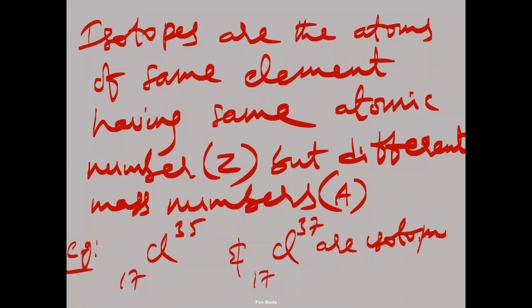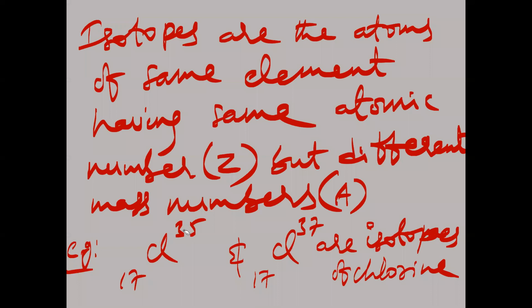Atoms of the same element having the same atomic number but different mass numbers are called isotopes. So these are isotopes of chlorine. How many are there? 2 there: Cl 17 35 and Cl 17 37.